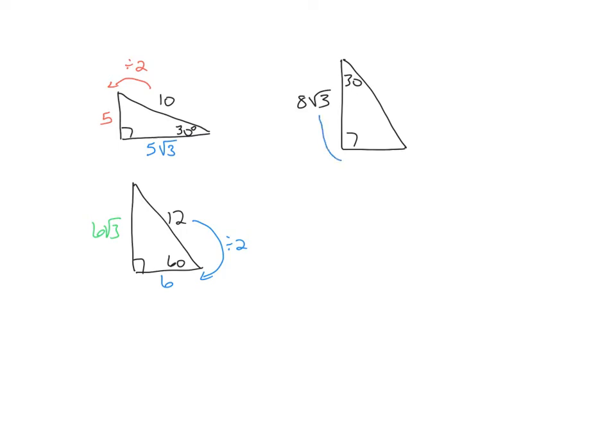So from that one to the short side, we are going to do the opposite and divide by square root of 3. So how does that look? Well, it actually looks very simple. Reduce, reduce, and we just get 8. Then from the short side to the hypotenuse is times 2, so we have 16.